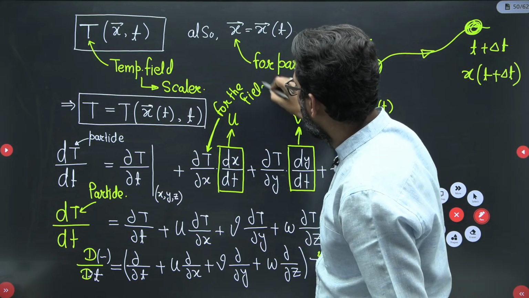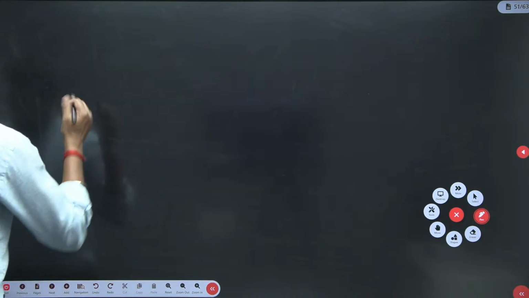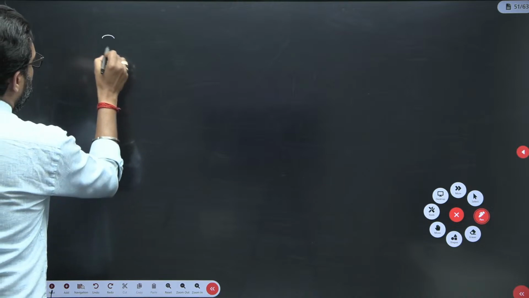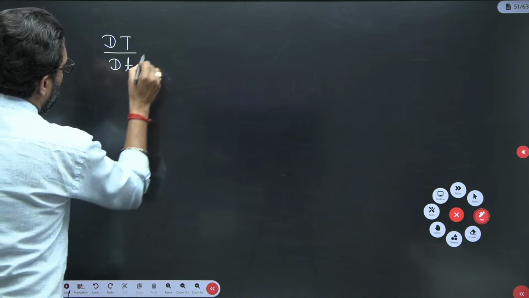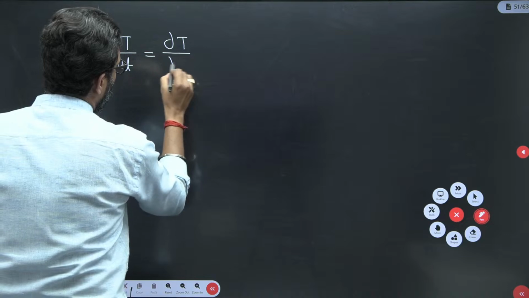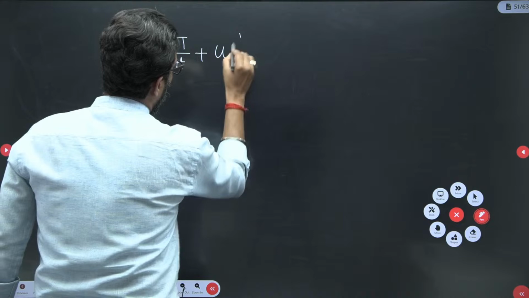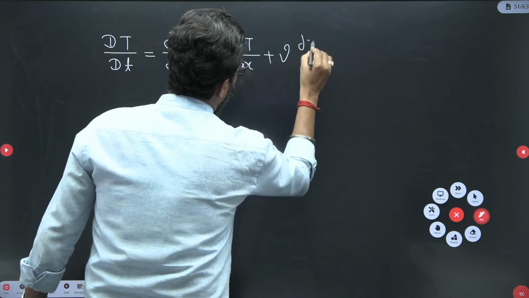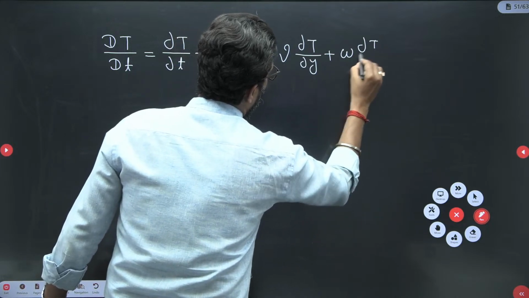That means we have to write like that: DT over Dt equals dou T over dou t plus u dou T over dou x plus v dou T over dou y plus omega dou T over dou z.